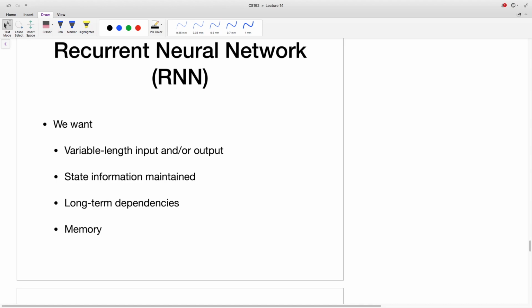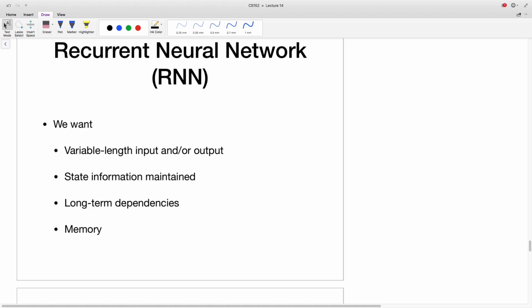And maybe when we get x1, we're going to output y1 immediately. We'll see that there are some options there. But that's a common kind of recurrent neural network where we get an input and we produce an output, and then we go to the next time step, get an input, produce an output.